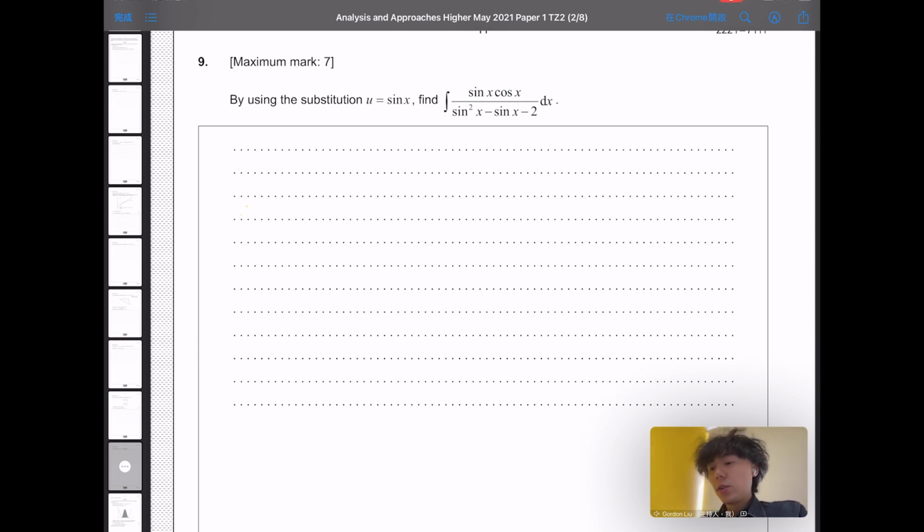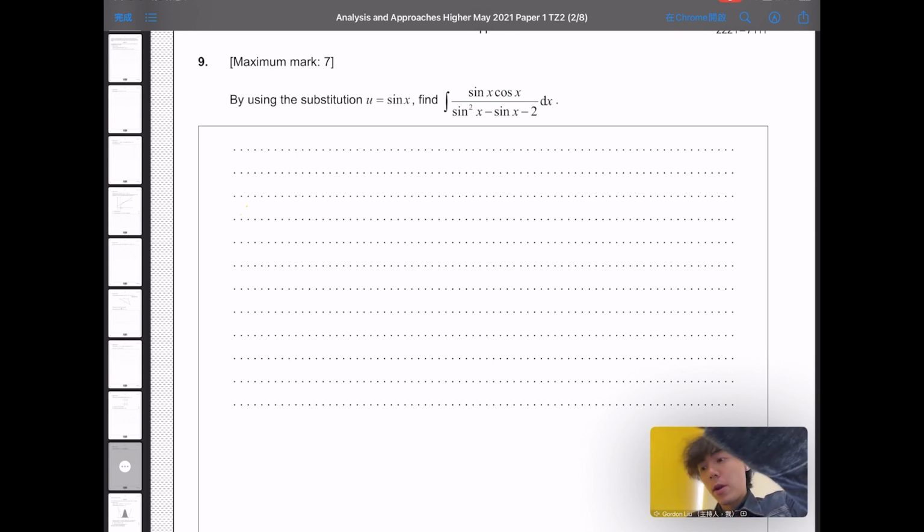Substitution is a very common technique in both syllabuses. Of course, if you need to do integration by parts, that will be in a certain syllabus but not in the others. So that's why I don't pick a question with integration by parts, which is quite technical.